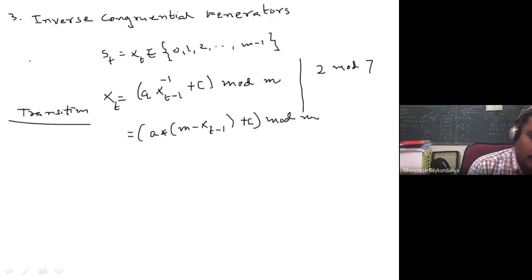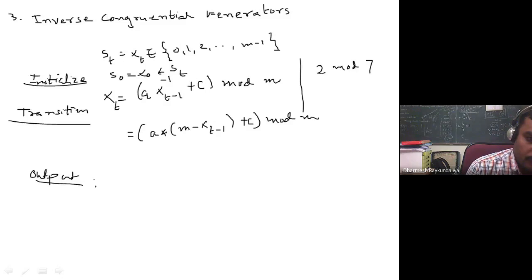For the initialization, we have to give the x0 as for algorithm 1. S0 is equal to x0, that you have to select from St. Then you have an output.